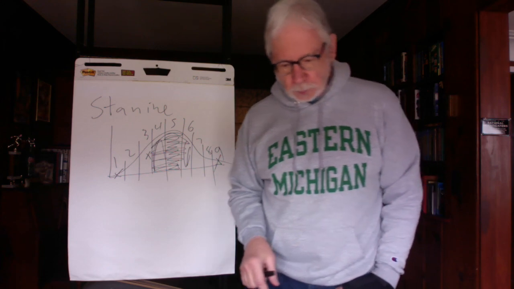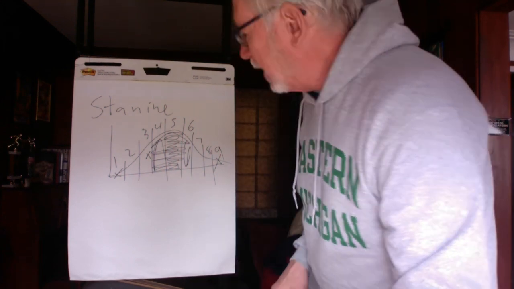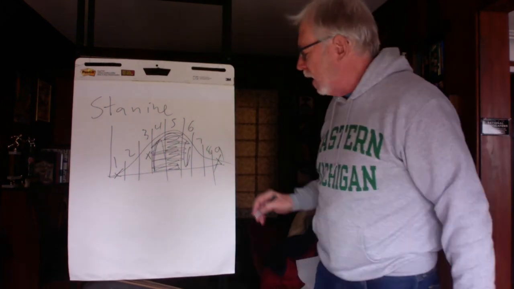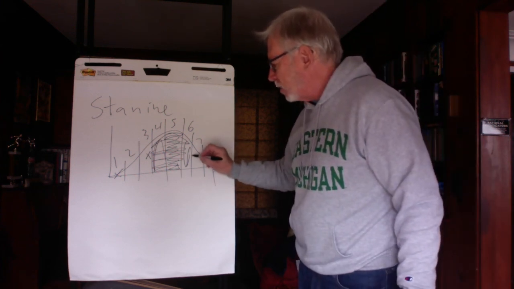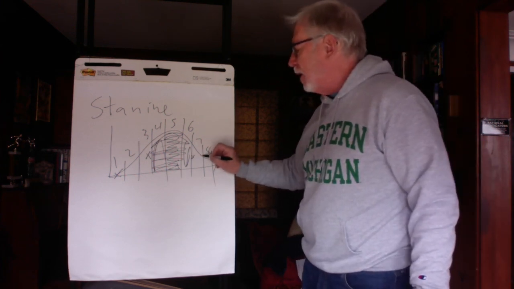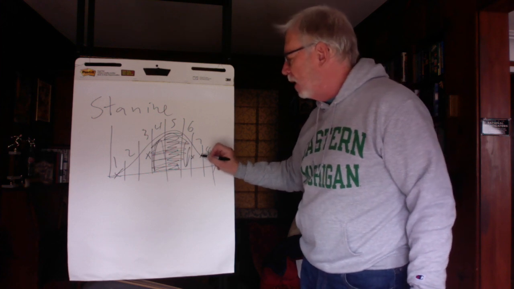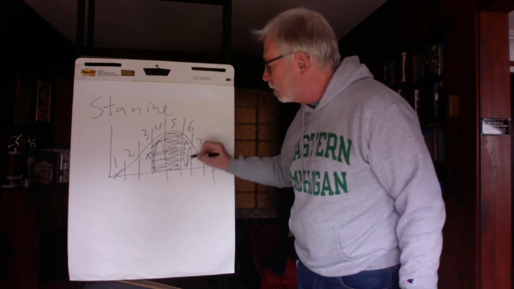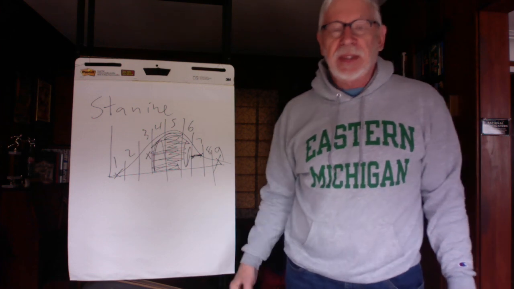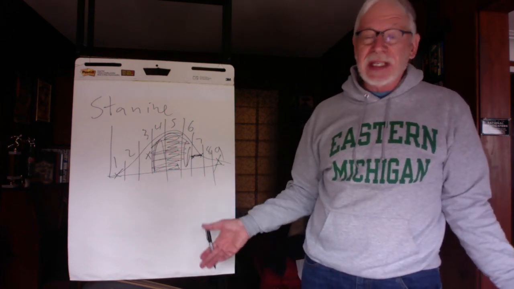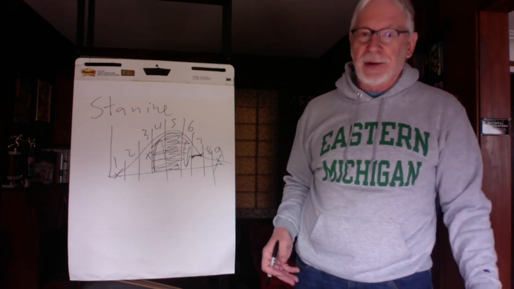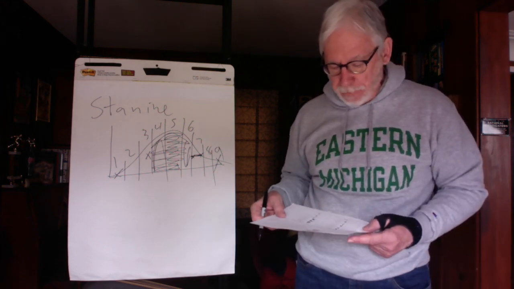So that is Stanine. One more little thing: someone might have a score here, someone else might have a score here, a bit of a distance between them, but they both are given a 7. That's because Stanines are wide. There's only 9 possible scores, not 100. Are we good there?